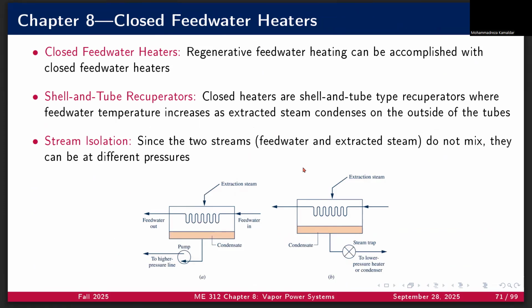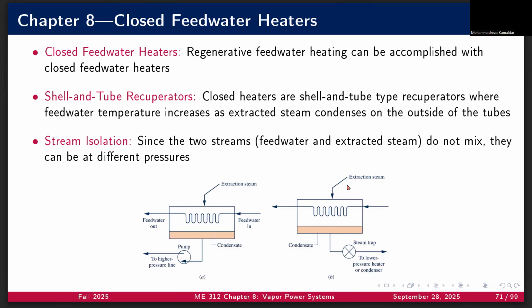The closed heater serves the exact same purpose, to preheat the feed water, but it achieves this functionality through a fundamentally different mechanism. As we will see, it operates as a shell and tube heat exchanger, where the feed water and extracted steam streams do not mix.